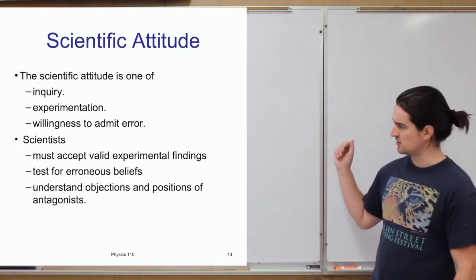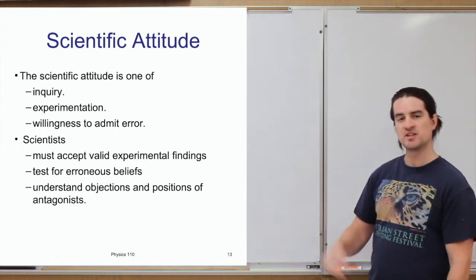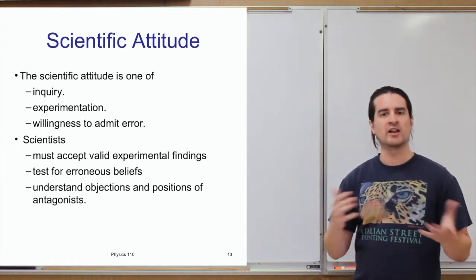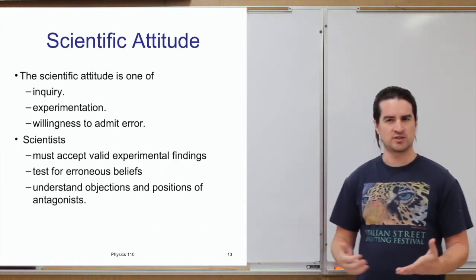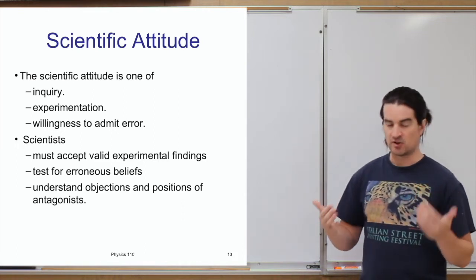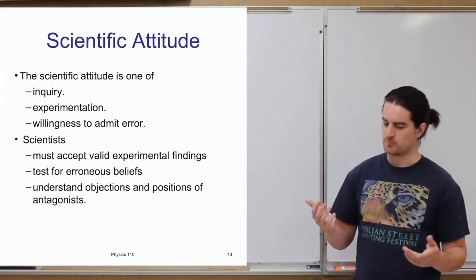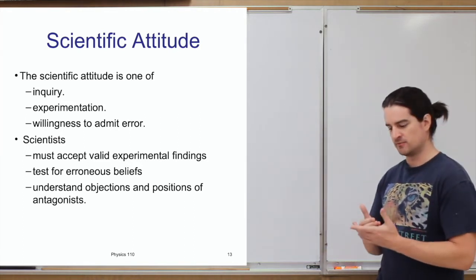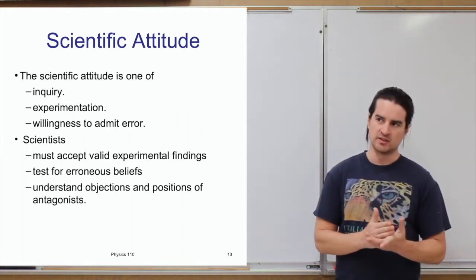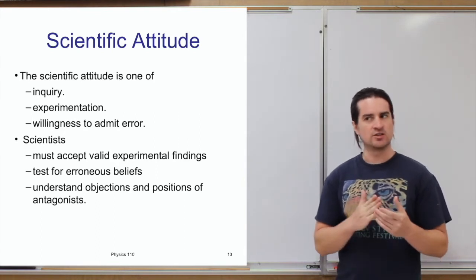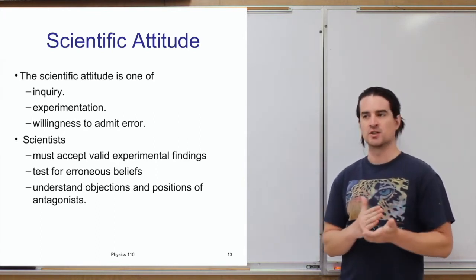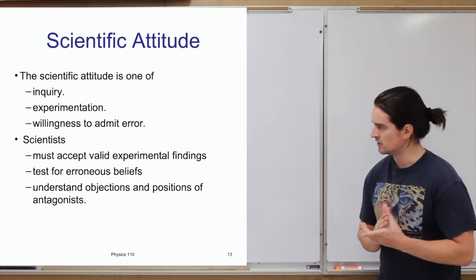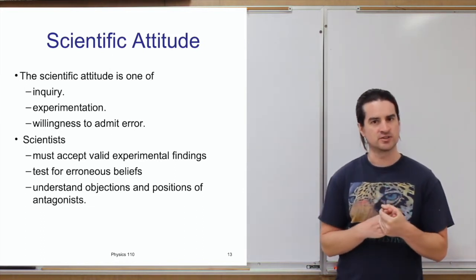You should be testing for erroneous beliefs, meaning that we all have beliefs that we don't really think about much, and sometimes they're very fundamental to our lives, actually. But as a scientist, and particularly when you're thinking about a scientific endeavor, a field or a topic in science, you need to explore all the ideas or the beliefs that go into that and make sure that there aren't fallacious ones in there, there aren't illogical things going on in there.